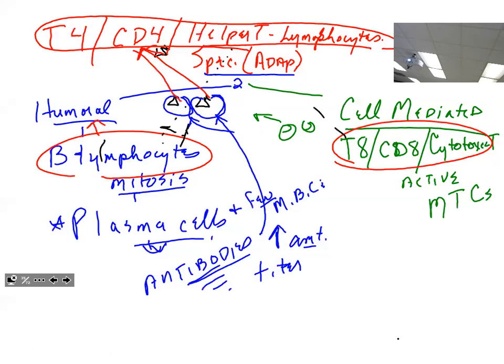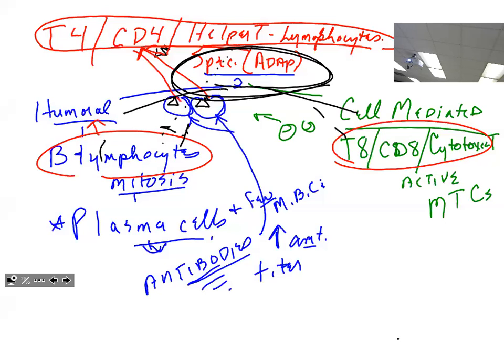So the complement proteins, even though that's non-specific, it's still doing that. Do you see that your entire specific immunity, which includes both humoral and cell-mediated, is hinging on one type of lymphocyte, the helper T lymphocytes? It's hinging on them.